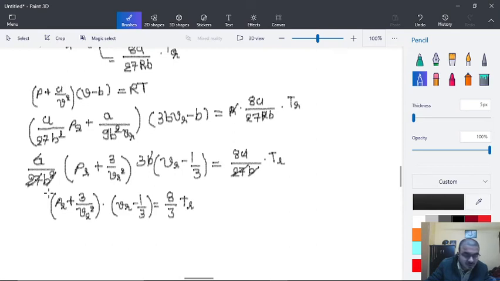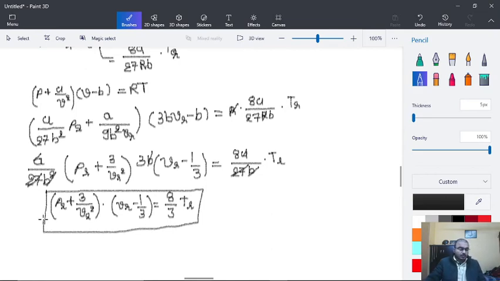So this is the van der Waals equation in the form of reduced properties. Now let's move forward to our next theory.